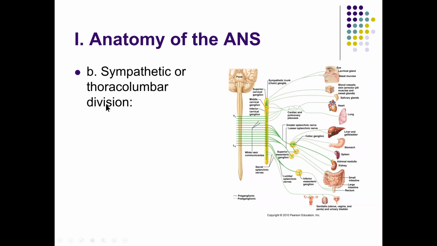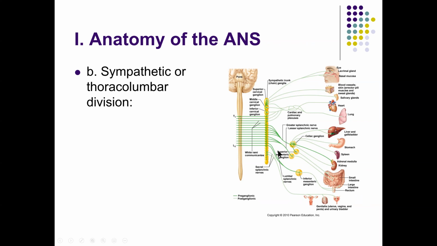Sympathetic, or thoracolumbar, division. I said that division starts at T1 and goes down to L2, and it is primarily for the sympathetic innervation of body organs from the head and neck area down into the pelvic area.